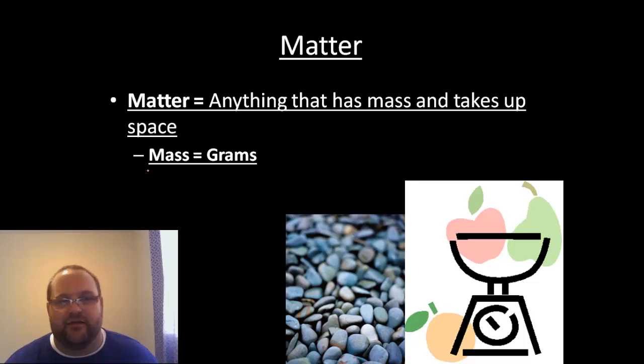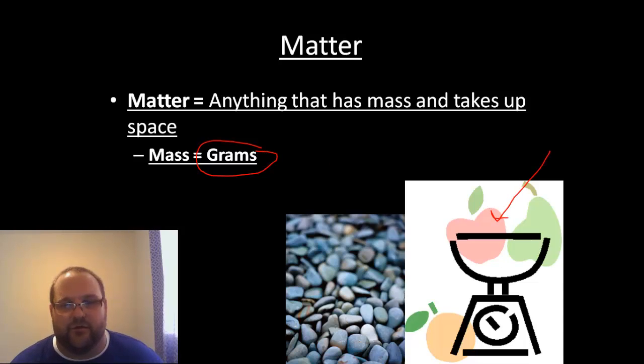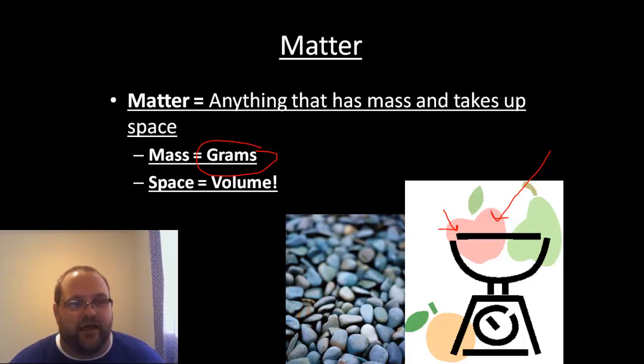To measure mass, we measure in grams. So over here, we put it on a mass balance, and we come up with its mass in grams, and that's a measure of how much stuff is in this apple. And then the other one is space, which is volume. We measure space through volume, in milliliters. A lot of times we do that by displacement.